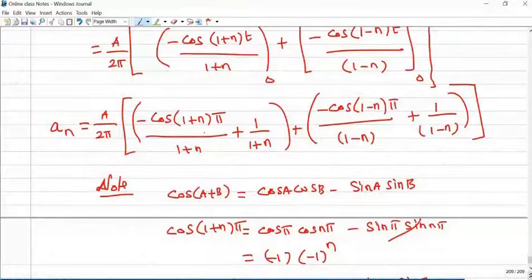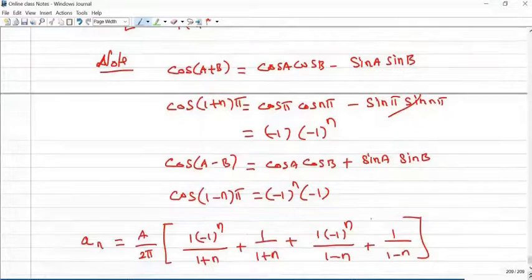Check: minus 1, this minus will be cancelled, and this minus will be cancelled. So you'll get minus 1 power n only.